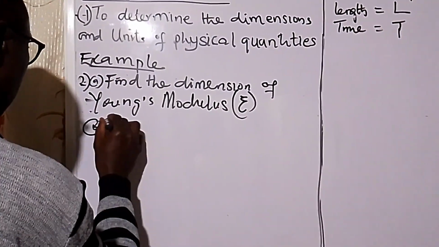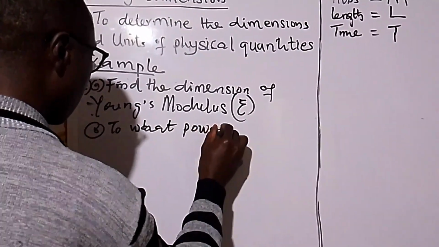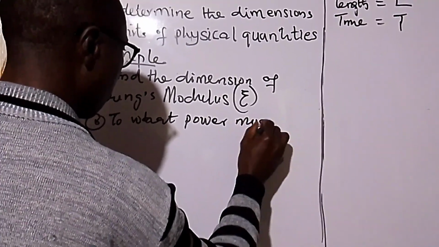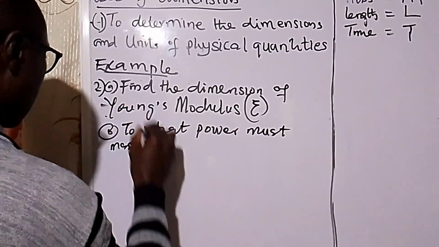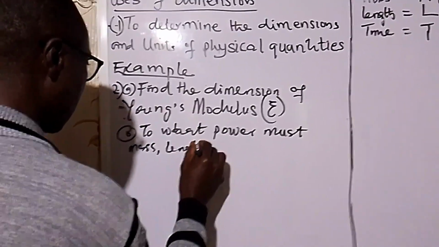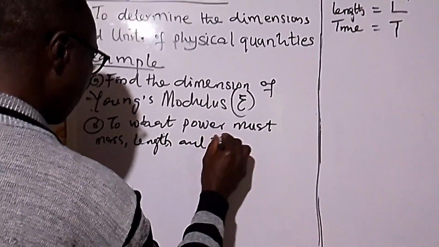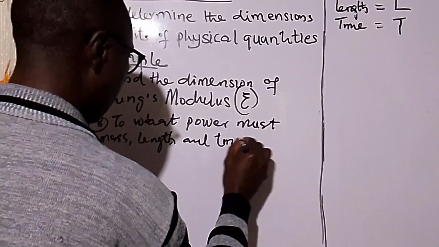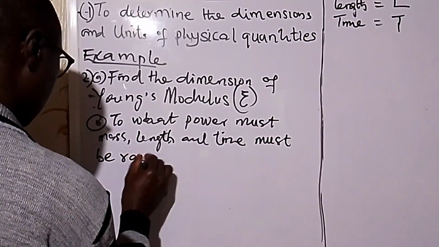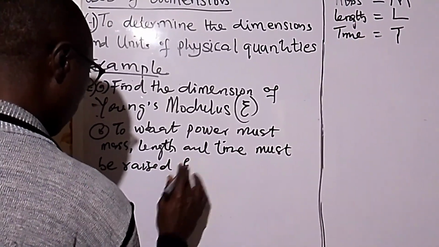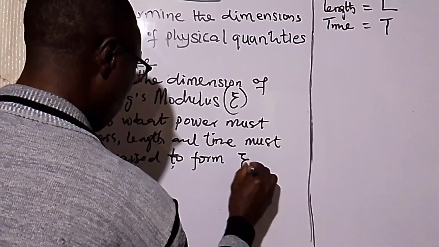B, to what power must mass, length, and time be raised to form Young modulus?